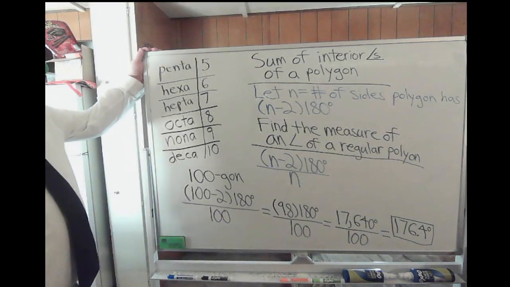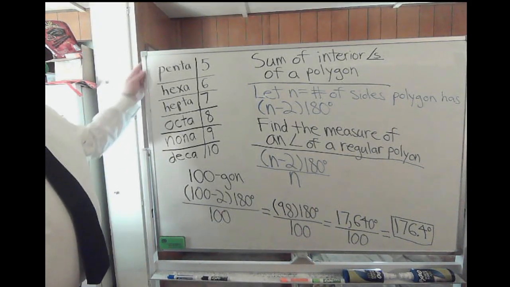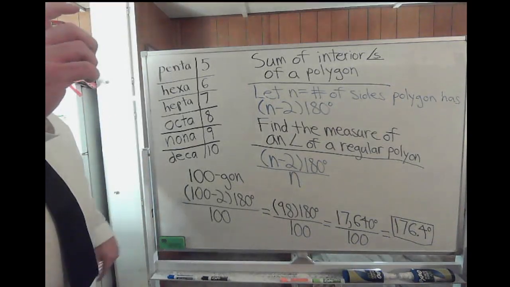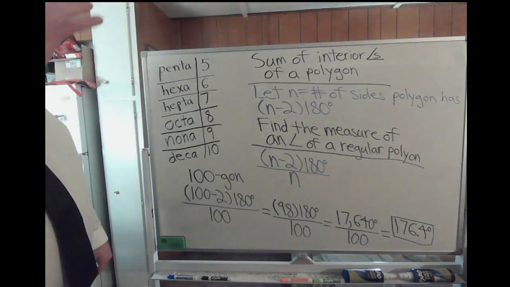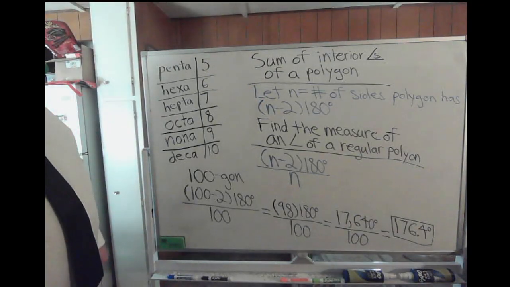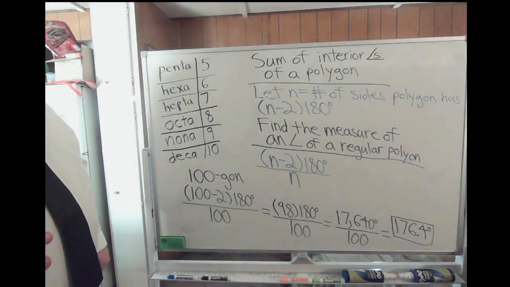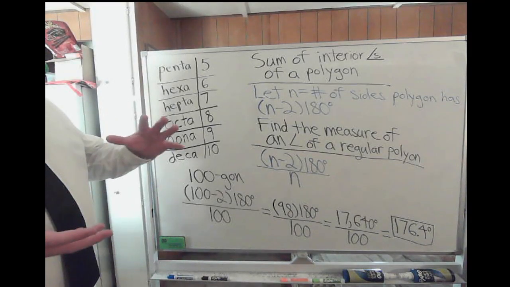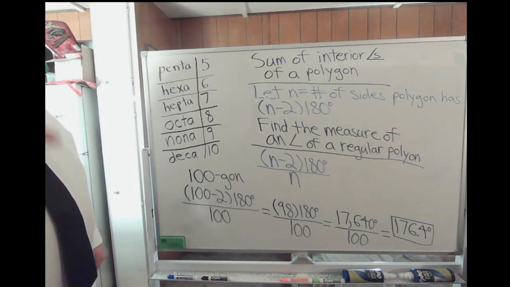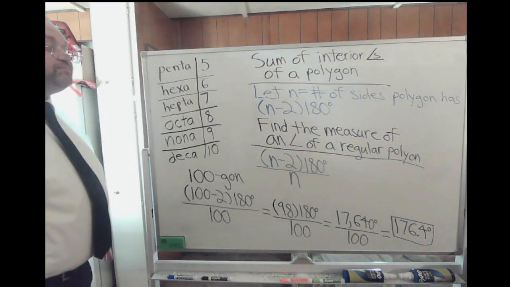So again, we talked about polygons today. Polygons got to be closed figures that are formed by line segments back to back, end to end, that lead from one to another that form a straight closed figure. If it has a curve on it, it's not a polygon. If it's an open figure, it's not a polygon. If you got sides overlapping like that bow tie thing I drew, that's not a polygon because the sides overlap.